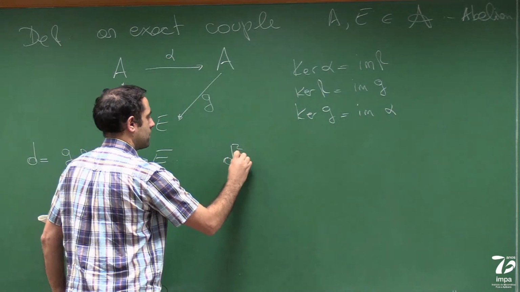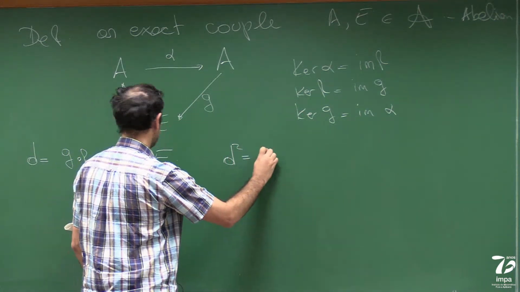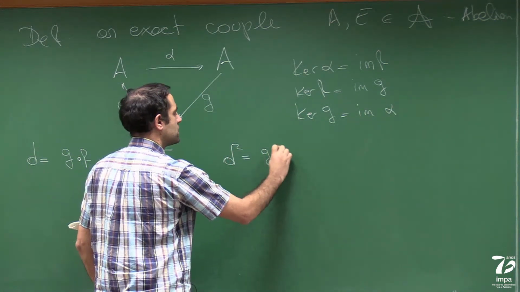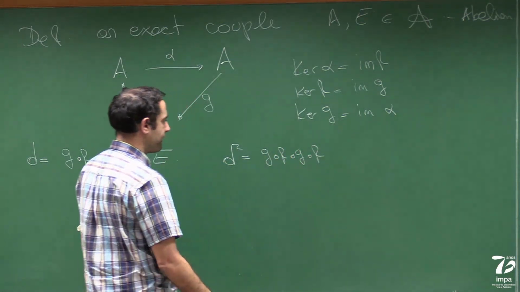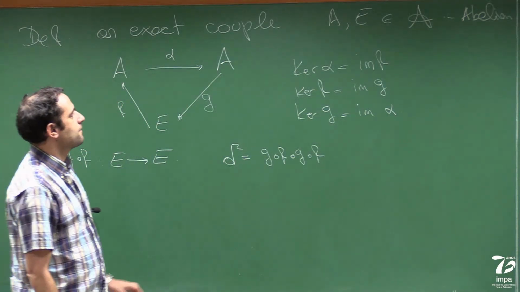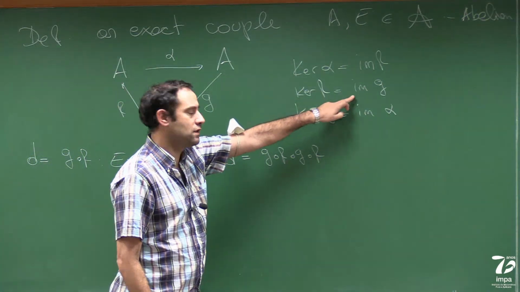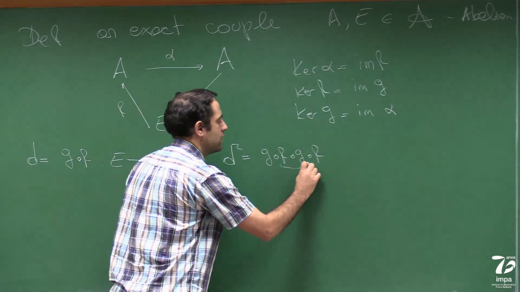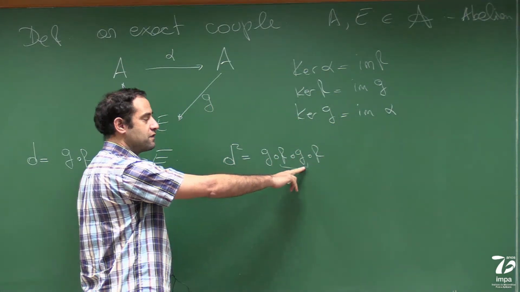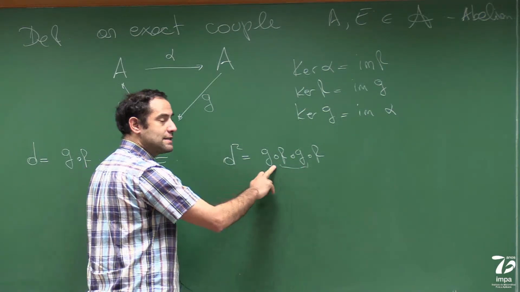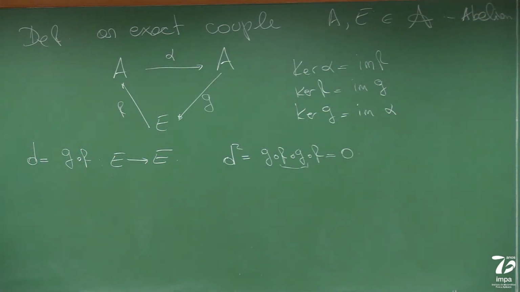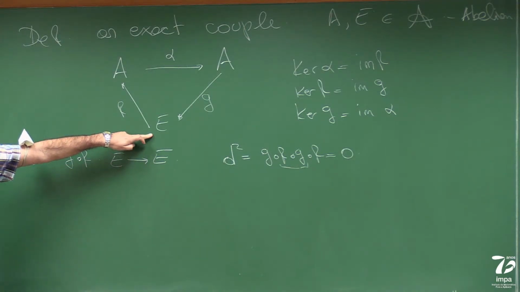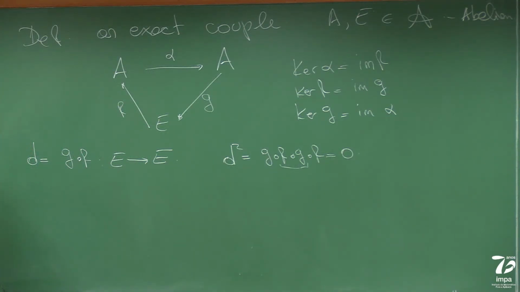Because this is just G composed with F, composed with G, composed with F, and the kernel of F is the image of G. So in this composition, we're landing on the image of G, which is in the kernel of F, and this composition is 0. So whenever we have an exact couple, E becomes a complex with this differential.